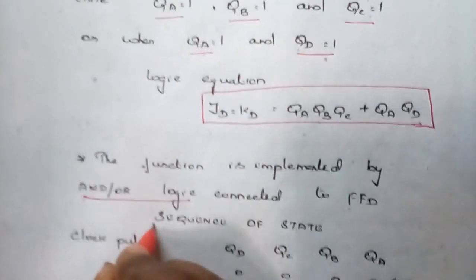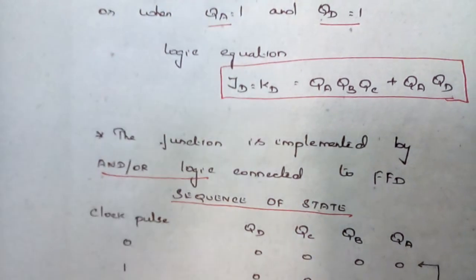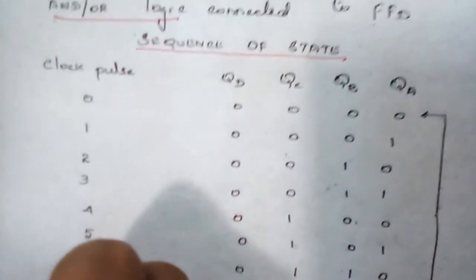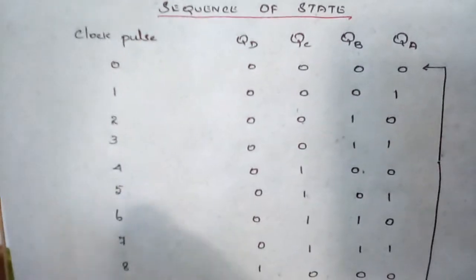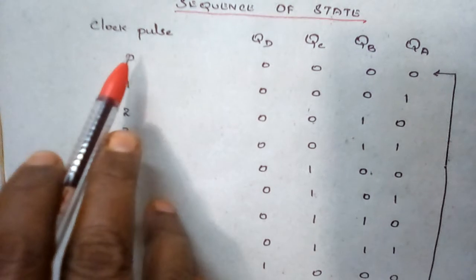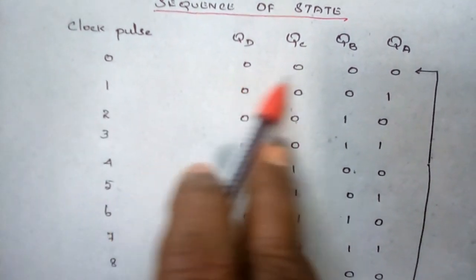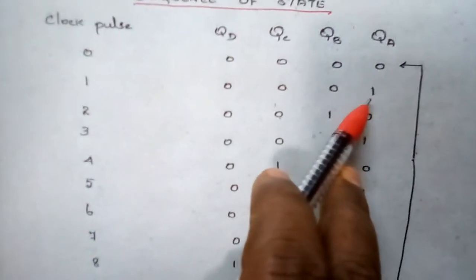And the sequence of states which the synchronous counter counts is from 0 to 1, 2, 3, 4, 5, 6, 7, 8 and 9. So these are the states that are counted for the provided clock pulses, right? For the initial clock pulse, all the states are 0, and for pulse 1, QA will be high.